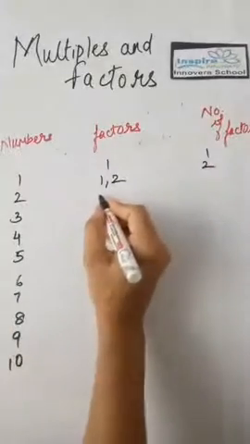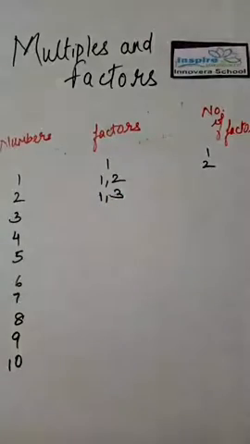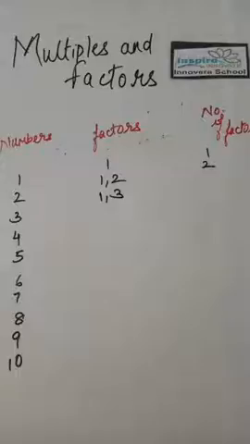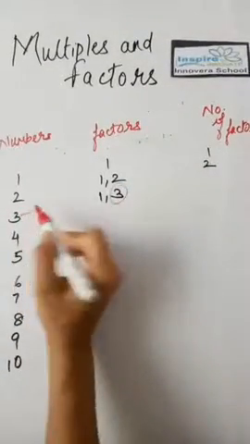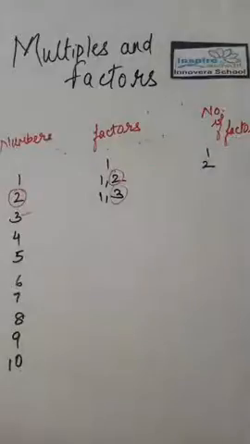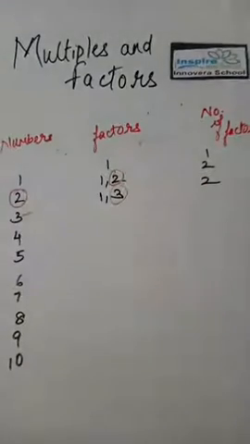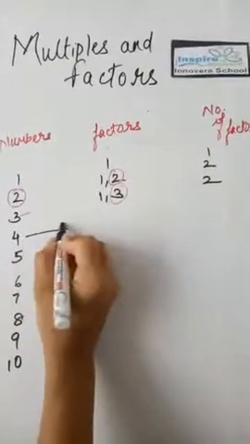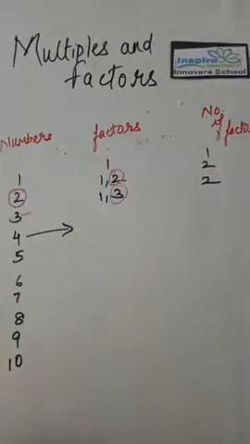Now 3, 1 and 3. It will go in the table of itself and in the table of 1. So how many factors? Every number is a multiple of itself, and each number is also a multiple of 1. So the number of factors is 2. Now the fourth one, 4.